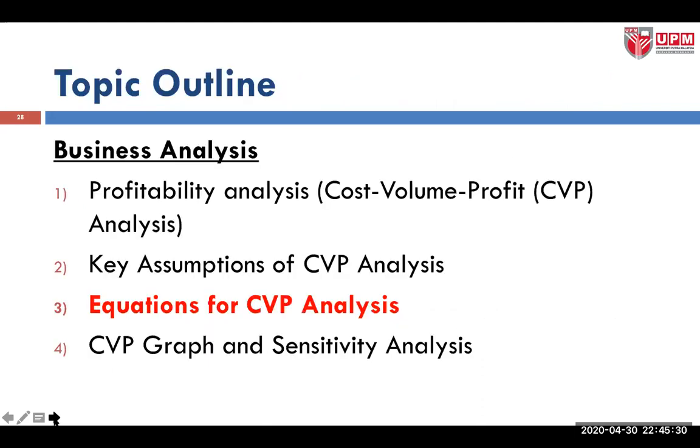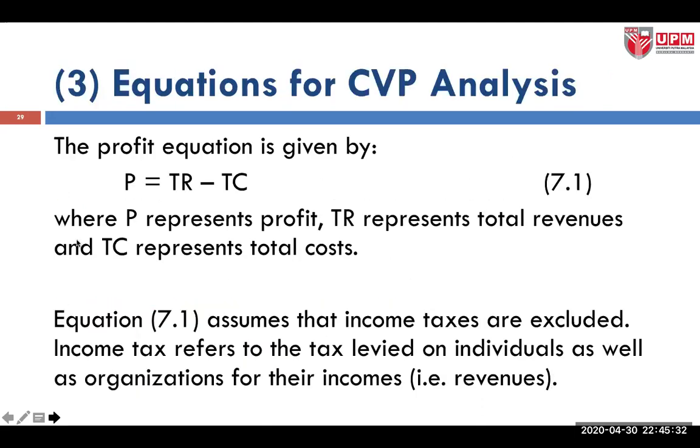Right, let's see the equations. The equation is quite simple and straightforward. The profit equation is given by equation 7.1, 7 because of chapter 7 in the book. P stands for the profit, TR is the total revenue, and TC is the total cost.